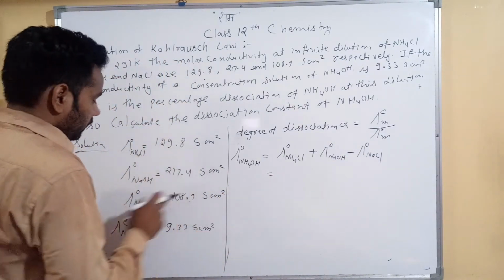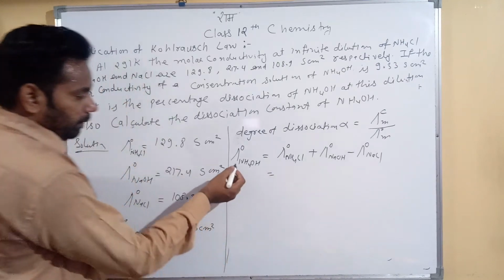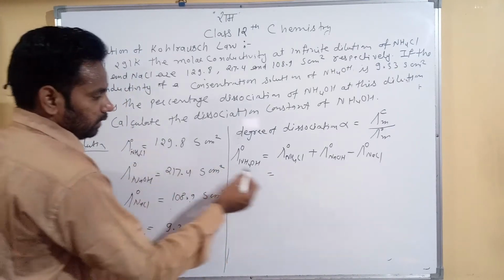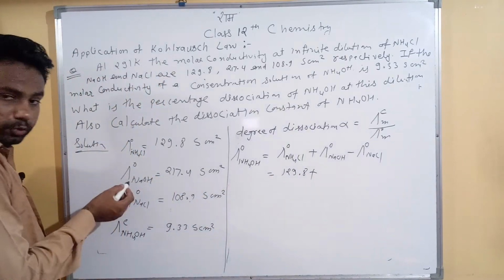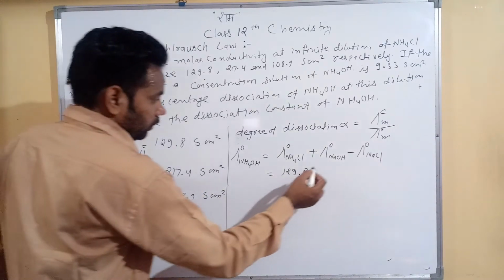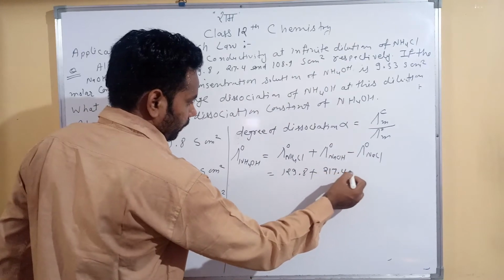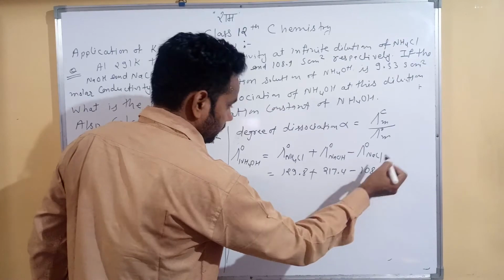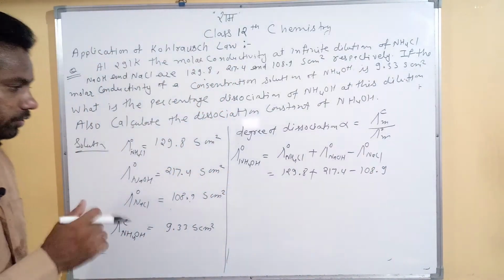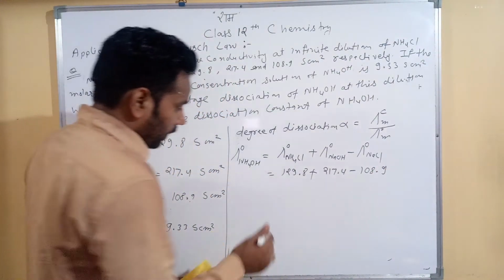Okay, now I put in the values: ammonium chloride 129.8 plus sodium hydroxide 217.4 minus 108.9 Siemens centimeter square. So now I solve it.